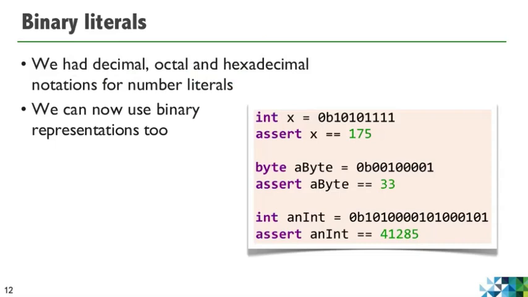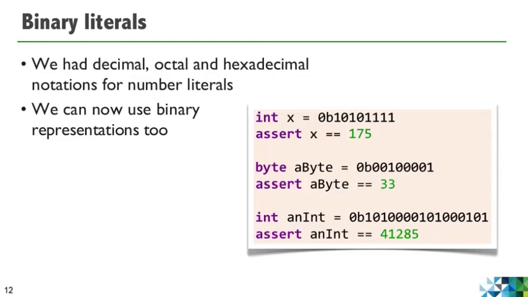Since Java 7, and obviously with Groovy 2.0, you can define numbers in binary form. That's why we call that binary literals. So you can define an int x variable with this notation, 0b, and then 10, etc. So you can properly see the bits corresponding to the int that you've just created.